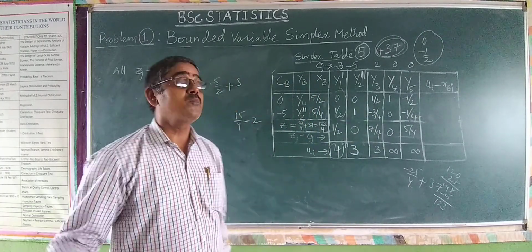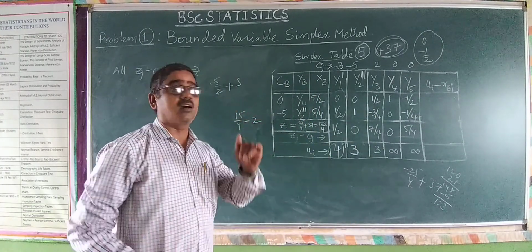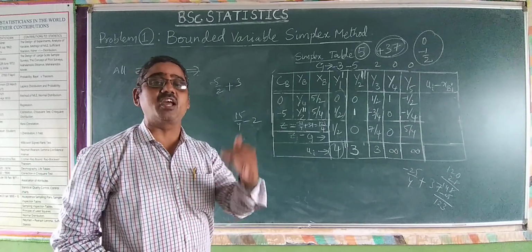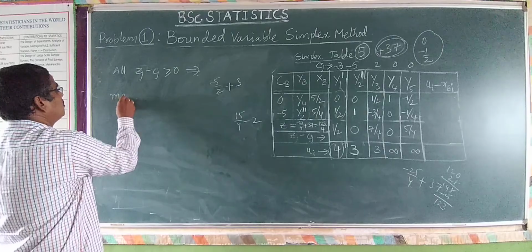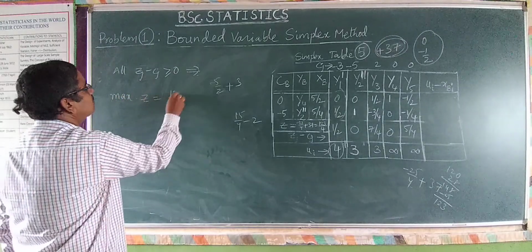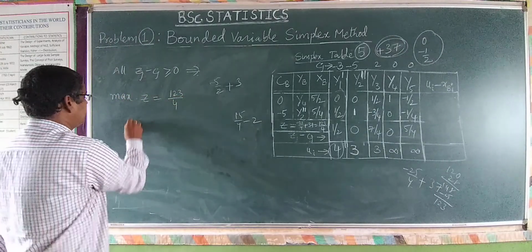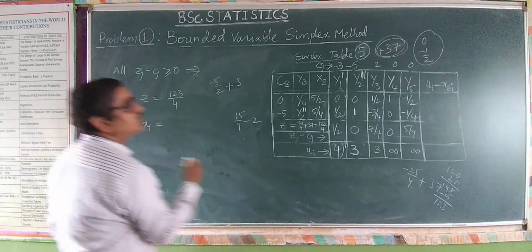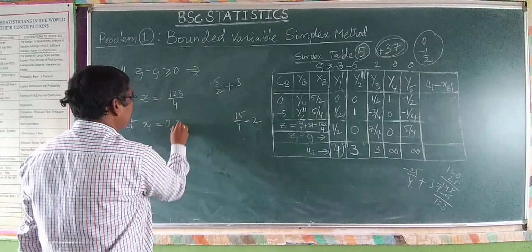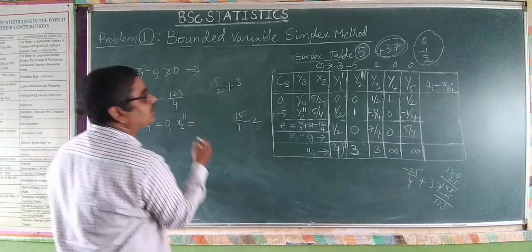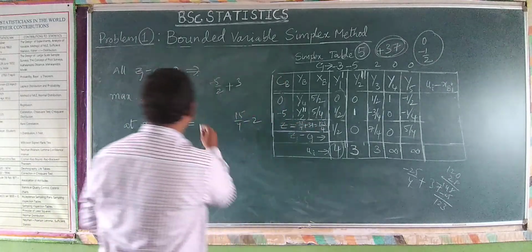So the solution of the given linear programming problem by the bounded variable technique is: maximize Z equal to 123 divided by 4 at x1 equal to 0, x2 double dash equal to 5 by 4.